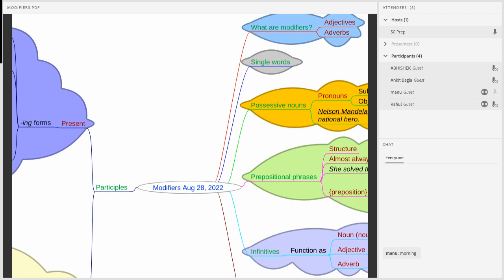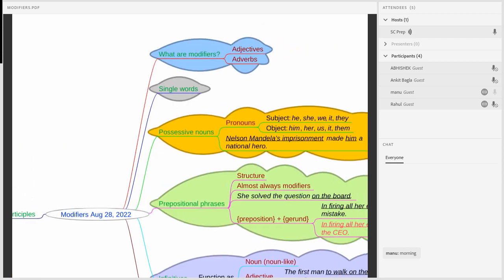We've got modifiers, and modifiers is an important topic, right? There are two reasons that modifiers is important for us. The first one is that modifiers is a topic that is tested on the GMAT. The second reason is that modifiers can be used to hide other topics.